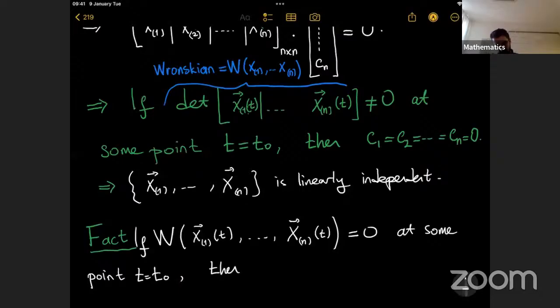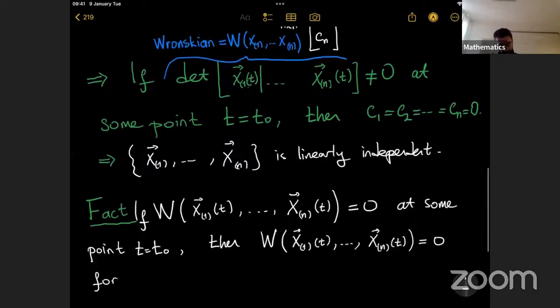Then the Wronskian of x1(t) through xn(t) is 0 for any t.